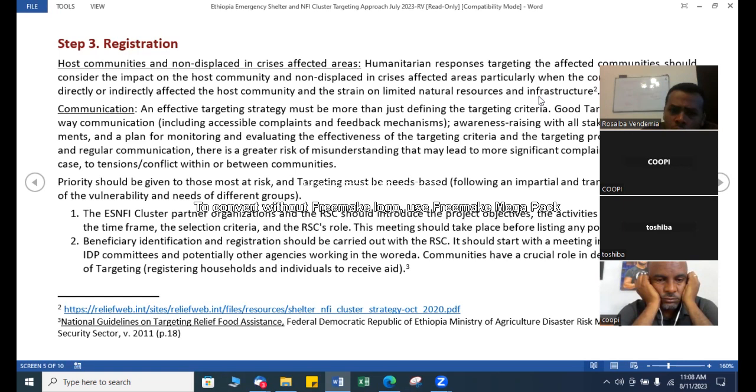So always we have to make sure that during the needs assessment, if there is any need that has to be supported for the hosting community, we assess that and provide information.